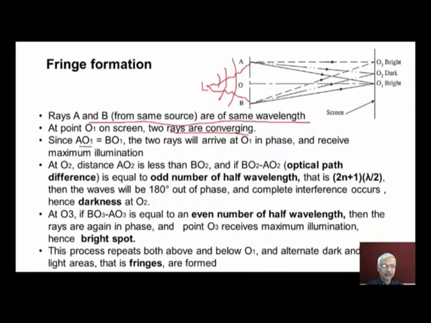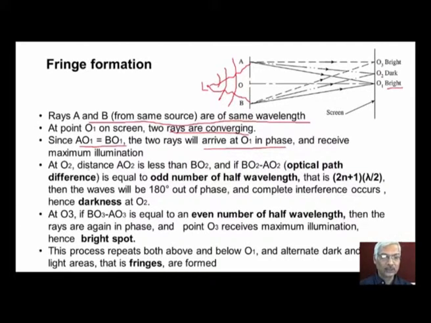Since AO1 is equal to BO1, the two rays will arrive at O1 in phase, and at this point we receive the highest illumination, and hence we get a bright spot here.